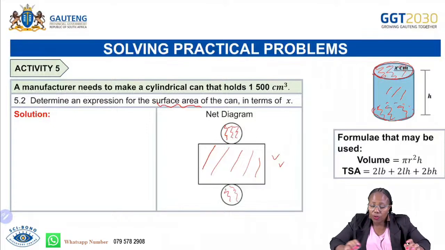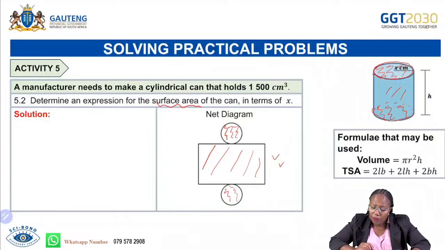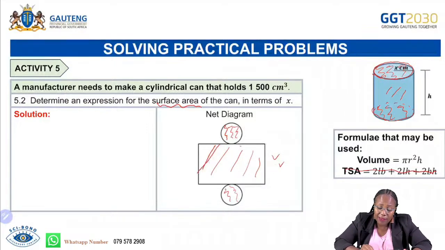And then now the total surface area of the can, no, that is not the correct formula, grade 12. And then now this one will be the length times breadth. Remember, we'll be having the length by breadth for this part here. And then if you look at this height, it is part of one side, because it's the height of that can.